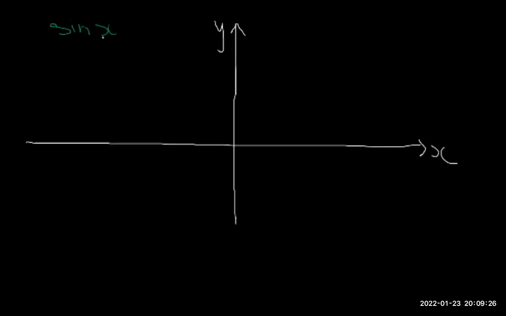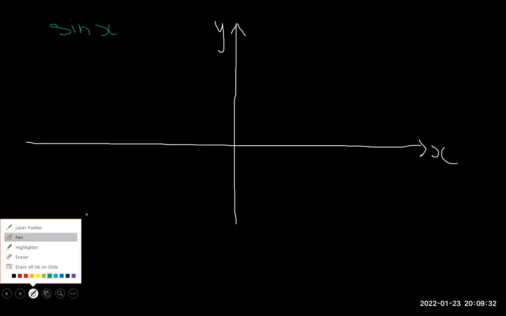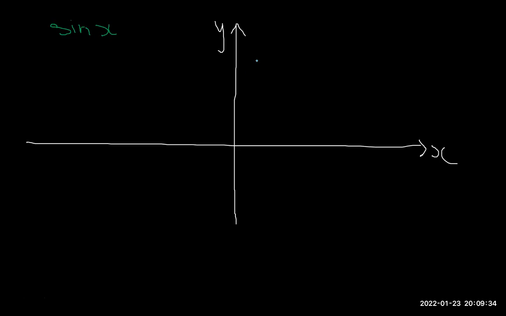For any value of x, when they just put random values of x into this function, sine of x, they realized that the pattern was just like that. It started here, went all the way up, came down here, went down, and up, and down.